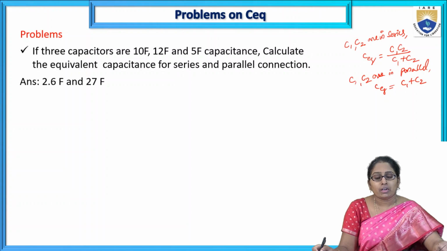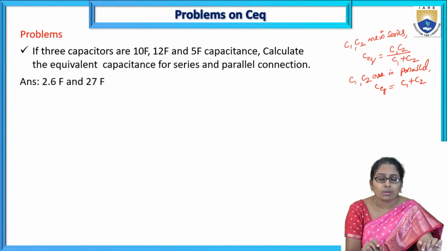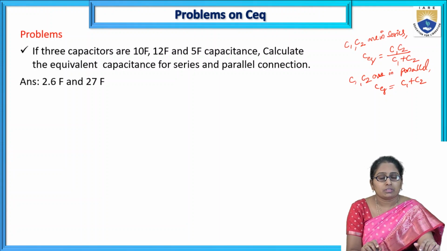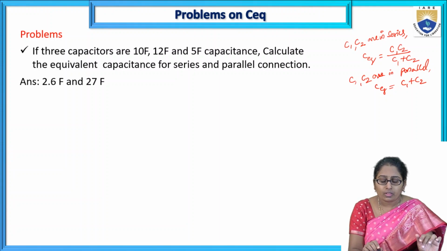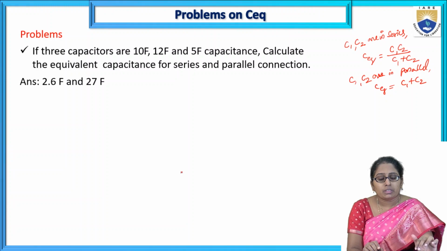When two inductors L1 L2 are in parallel, the equivalent is the product over sum, L1 L2 by L1 plus L2.